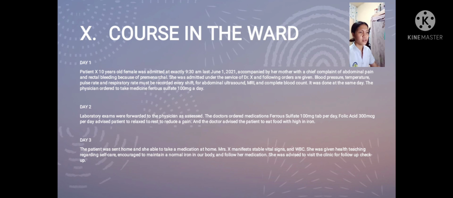Day 3: the patient was sent home and was able to take her medication at home. Mrs. X manifests stable vital signs and white blood count. She has been given health teaching regarding self-care, encouraged to maintain a normal iron level in her body, and to follow her medication. She was advised to visit the clinic for her follow-up checkup.